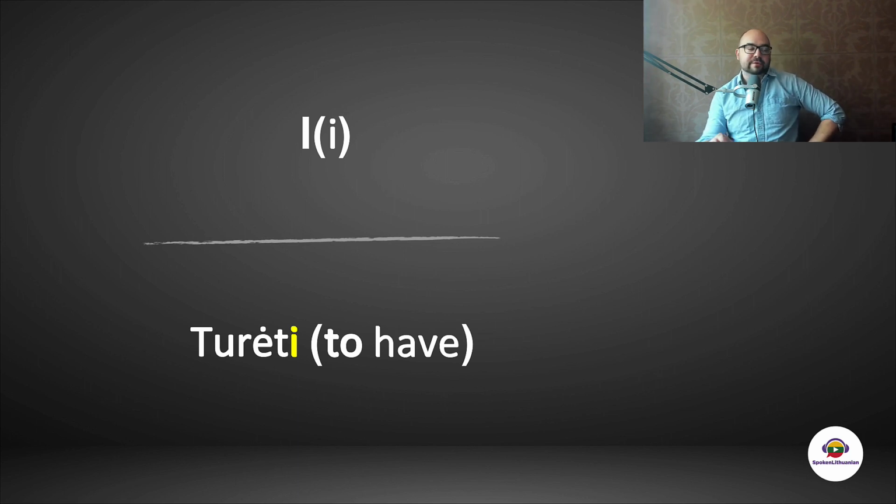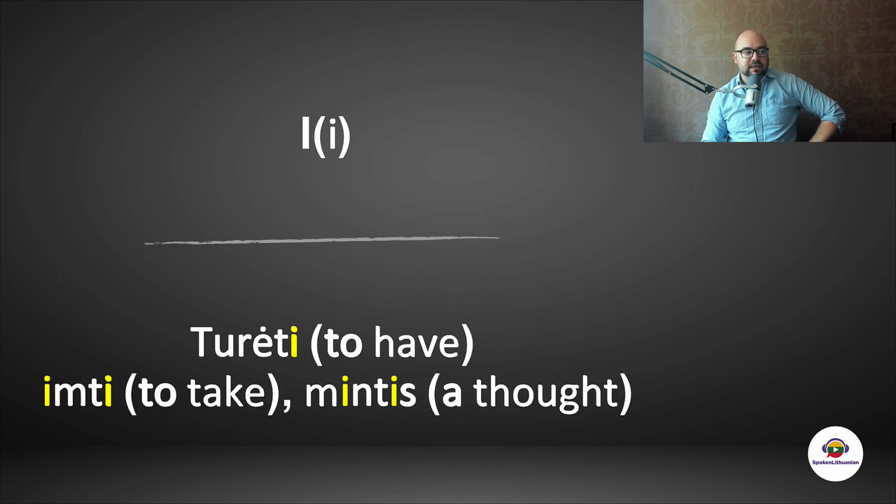Turėti, to have, valgyti, to eat, žaisti, to play. I. Like imti, to take, imti, to take. Or grab, imti. Mintis. You see, it's a very short sound. Mintis, a thought.